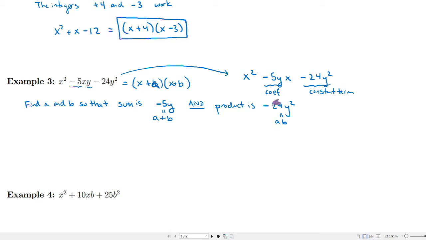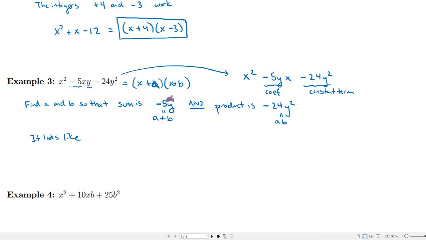And if I'm getting a negative here, what do we know is happening in the factorization? We know that one of these is going to be negative and one is positive, right? So what did we say?